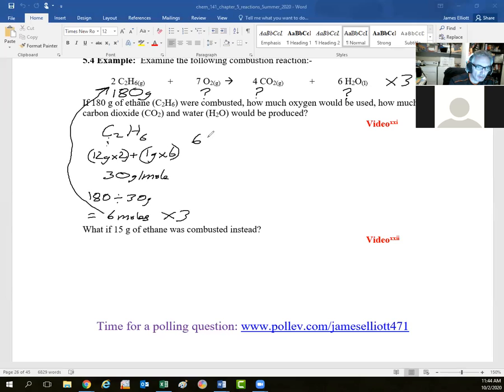So the 6 moles of ethane that we know about, which was 180 grams. We've now got 3 times more, 21 moles of oxygen gas, 3 times more, 12 moles of carbon dioxide, and 3 times more, 18 moles of water.